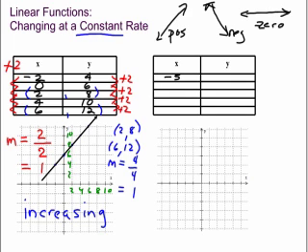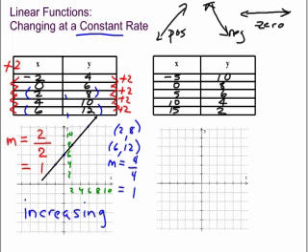Negative 5, 0, 5, 10, and 15. For y's, 10, 8, 6, 4, and 2. So here are my x values and my y values.